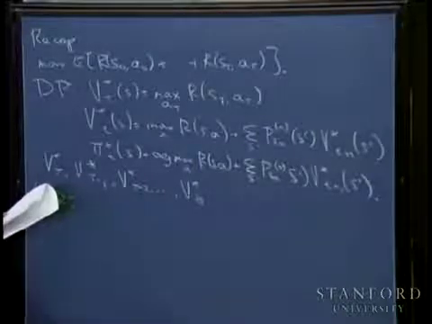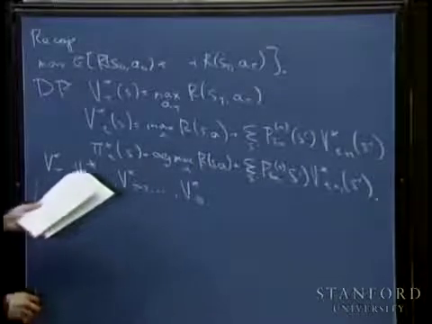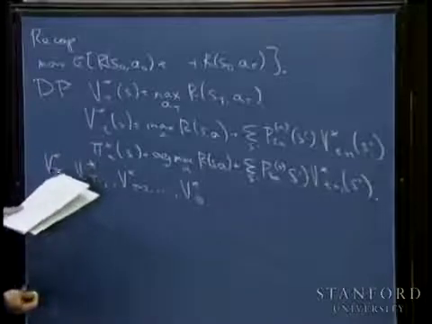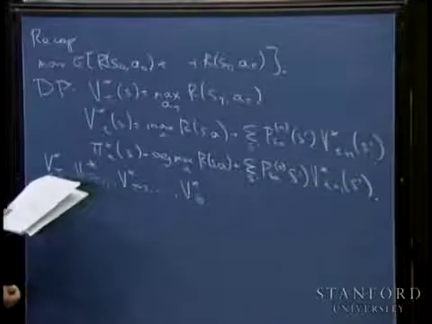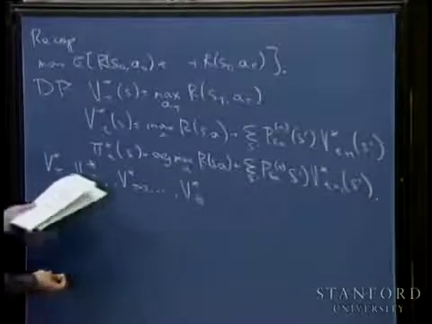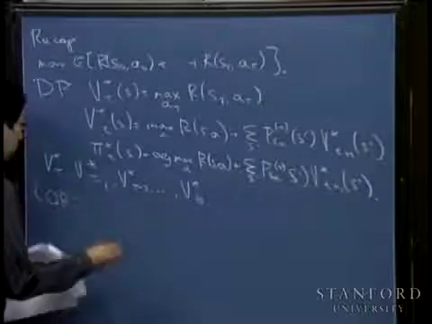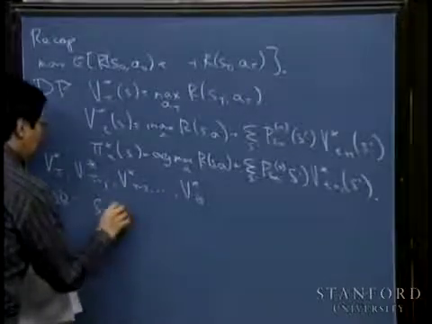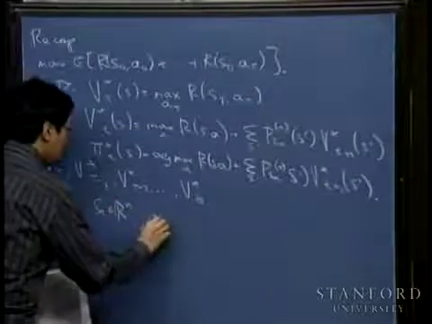Last time, the specific example we saw of a finite horizon problem solved via DP was the LQR problem, where we work directly with continuous states and actions.